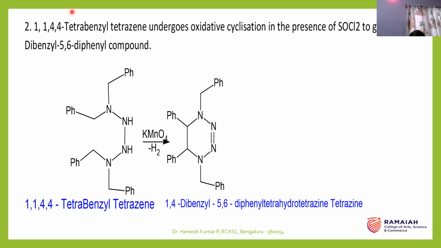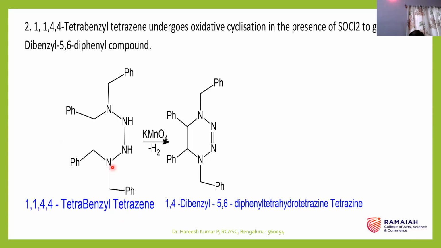So here what you can observe, look here, this group phenyl CH2 is called the benzyl group. So 1 benzyl, 2 benzyl, 3 benzyl, 4 benzyl. That means N comma N, otherwise we can say 1,1 and here 4,4 tetrabenzyl tetrazine.